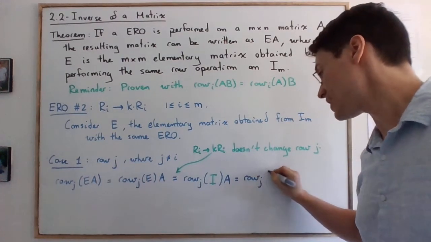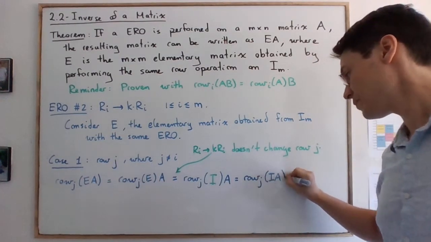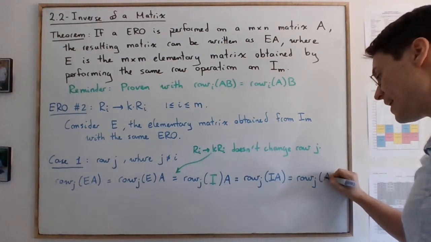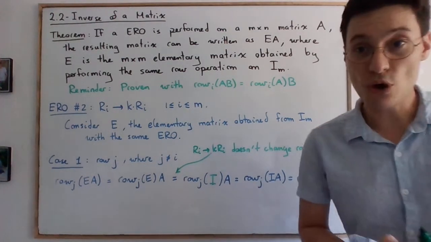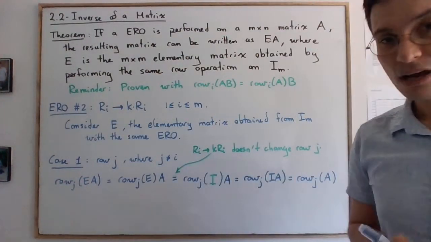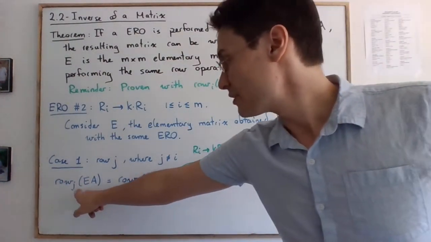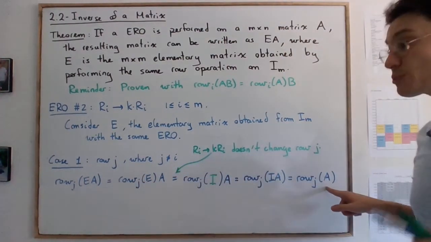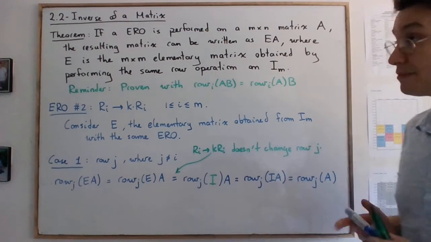This is the row j of IA, which is the row j of A. So the conclusion is that the jth row of EA is the same as the jth row of A.